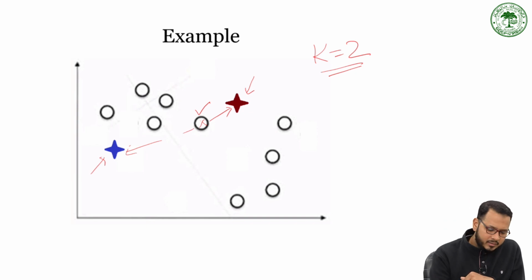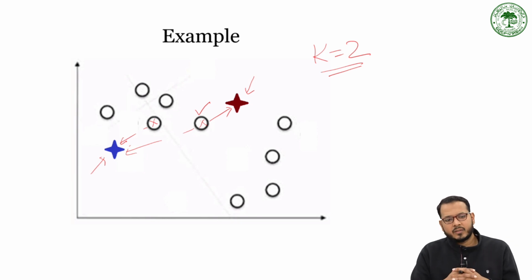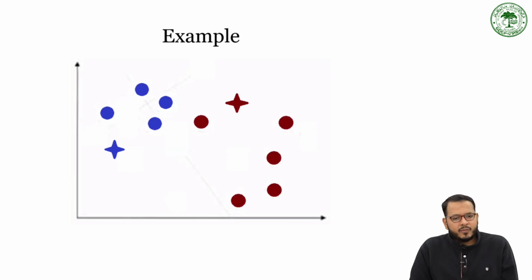On the other hand, since this point is closer to the blue centroid, we will assign it to the blue centroid. So after the first iteration, the points closer to the blue centroid will become part of the blue cluster, and those points closer to the brown centroid will become part of the brown cluster.